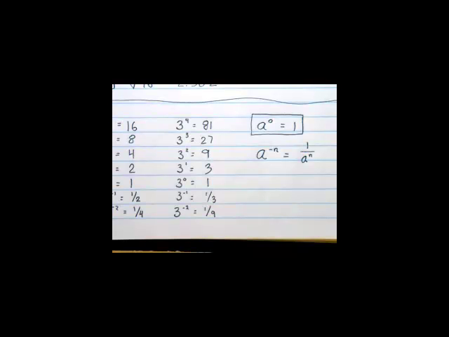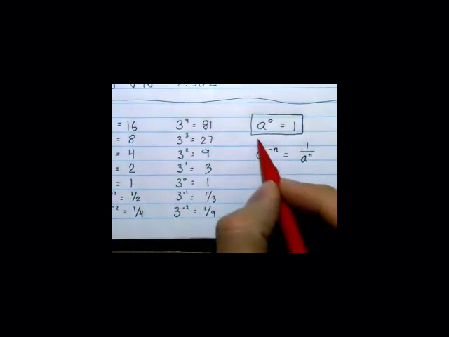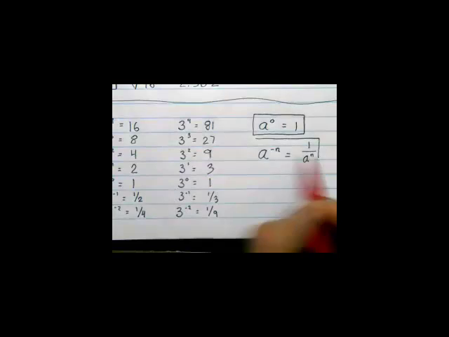Just like 3 to the negative 1 is the same thing as 3 to the 1, but flipped into a fraction, right? So you take whatever you would have gotten with the positive exponent and flip it into a fraction then. Okay? So this is the relationship that we have if we have a negative exponent. It's 1 over whatever that is.